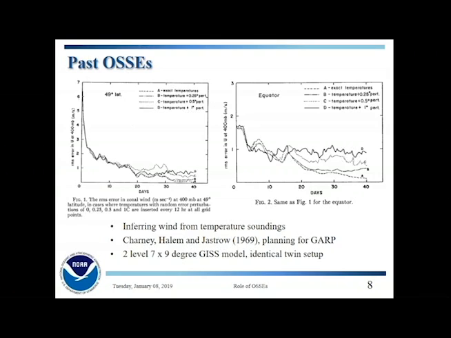These temperature errors range from perfect, or 0, up to a 1 degree random error. But in the tropics, even in this identical twin setup, you need to have exceedingly accurate temperature data to recover the wind field. And that's one reason why we've continuously been asking for better wind information.